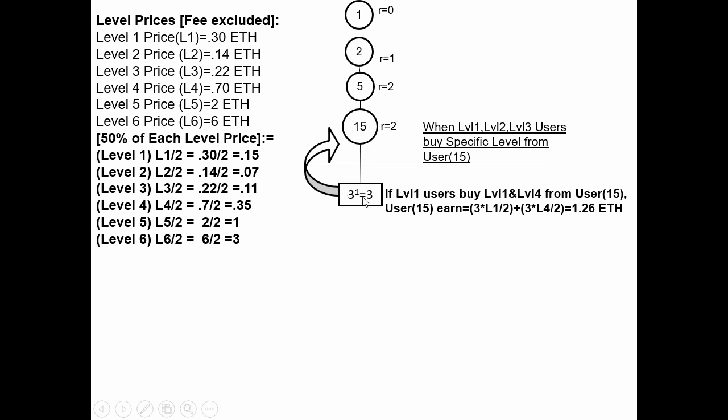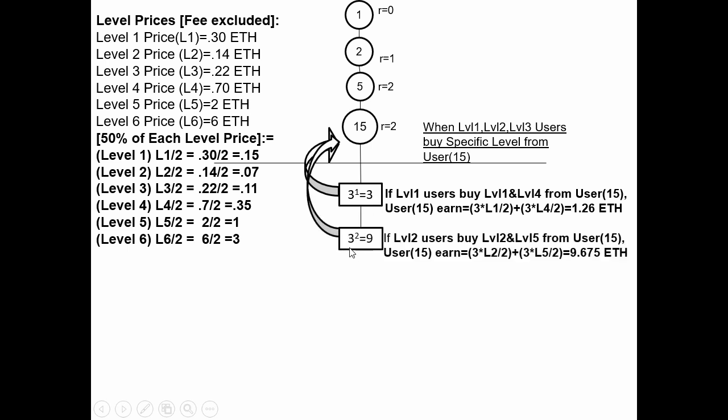If these 3 people buy level 1 and level 4 from this user 15, then user 15 will earn 1.26 Ethereum based on that previous animation or slide.